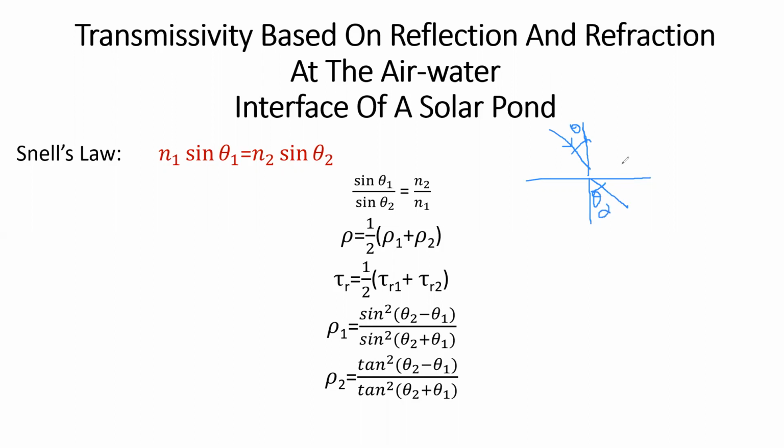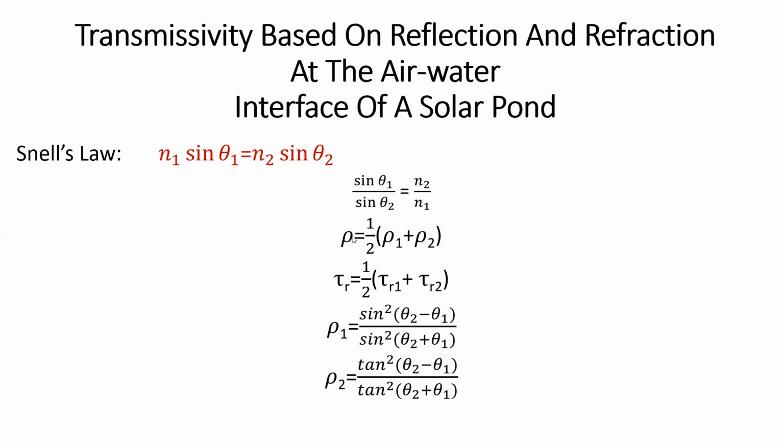we can say, by Snell's law, this is air, this is water. So in the air-water interface, theta 1 is the incident angle and theta 2 is the refracted angle, and by Snell's law, n1 sine theta 1 is equal to n2 sine theta 2, so sine theta 1 by sine theta 2 is n2 by n1.